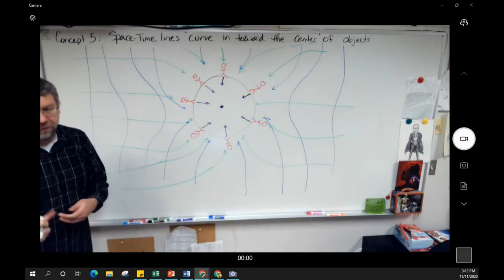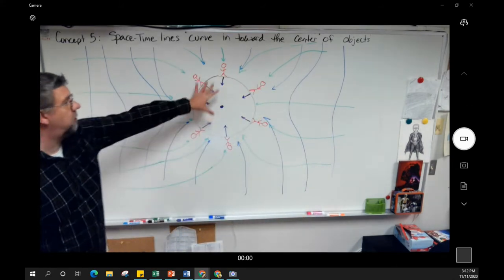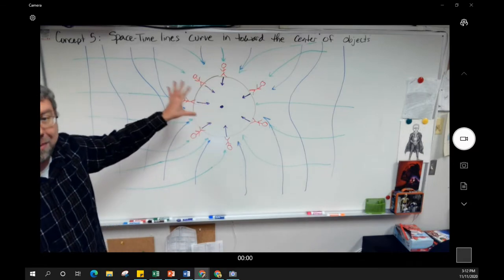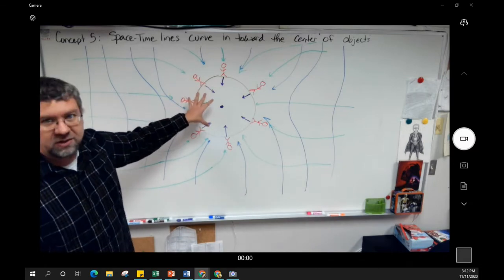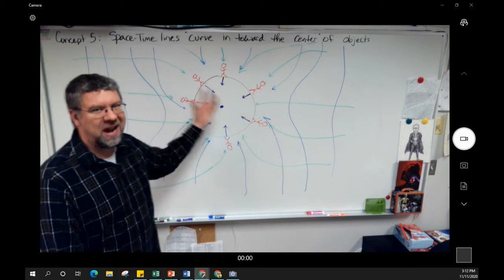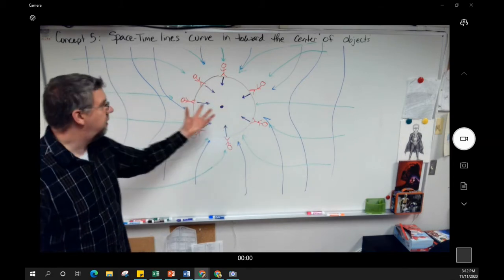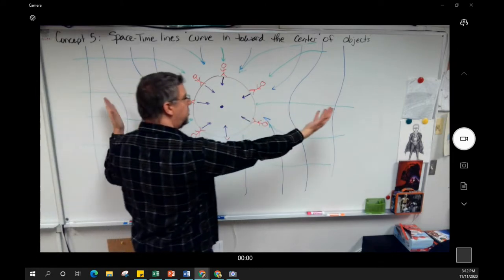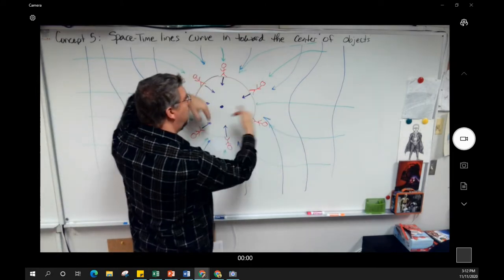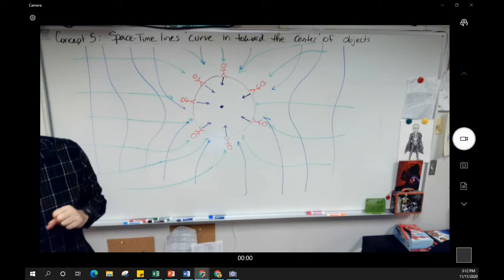Space-time lines curve in toward the center of objects, and all objects have mass. This is a property of matter. The property of matter is that objects have mass, and this is what mass does to space-time. Mass causes space-time to bend and curve and flow into the center of an object.